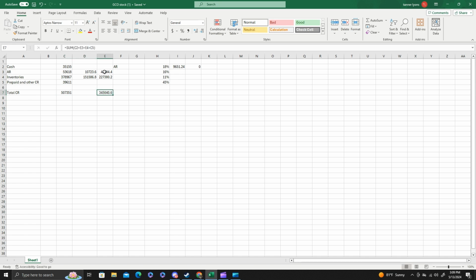So now the new one took off about 150 million, so that's pretty huge. Now we go to the long-term assets.